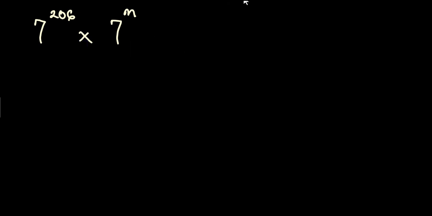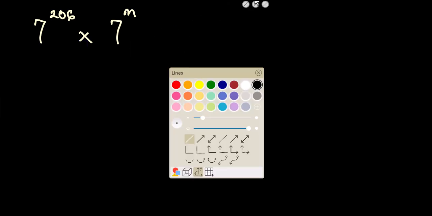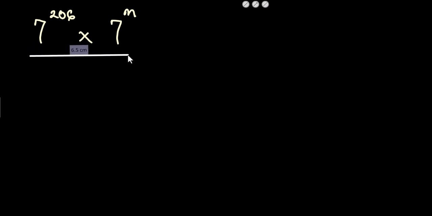I think I need to change this to a white number so I can divide that. So you're going to divide that number by 7 to the power 214, and this is equal to 7 to the power minus 3.